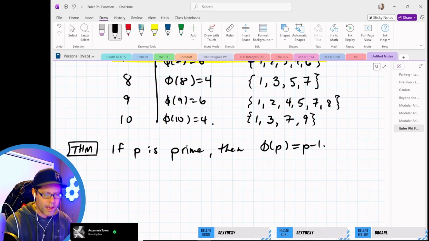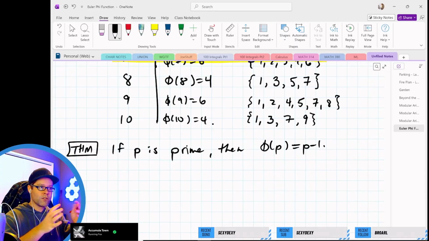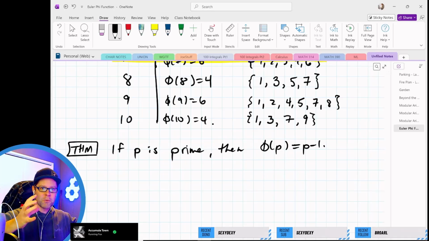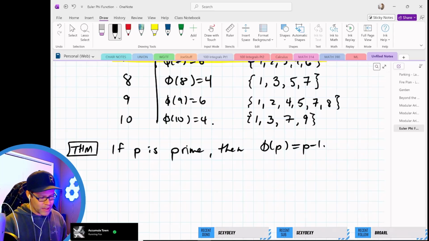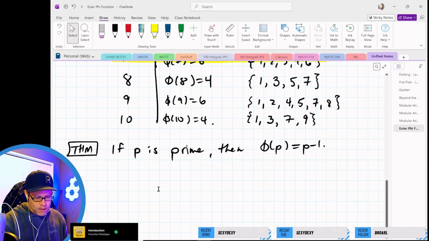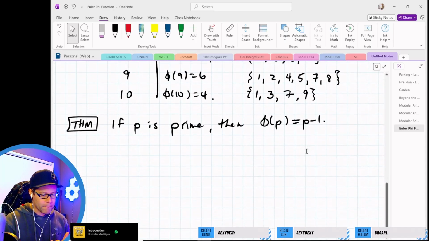It's always 1 less than the prime number that we're working with. And that's because there's always a collection of p minus 1 numbers that are going to be coprime with that particular prime number. So I don't really think we need to prove that one. I think that one's fairly obvious. All of those numbers are going to be coprime with that prime number.